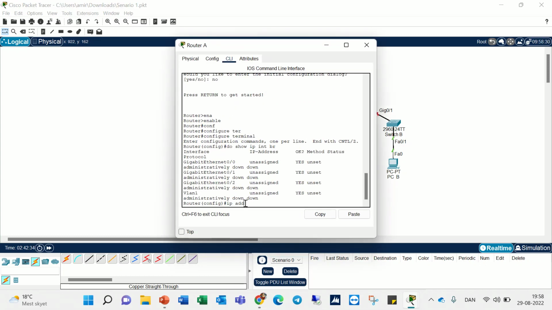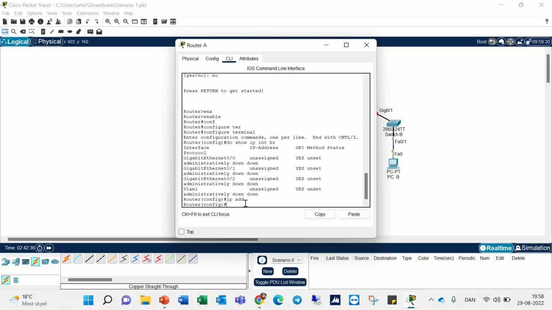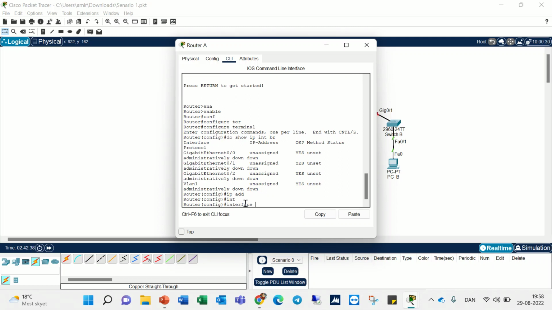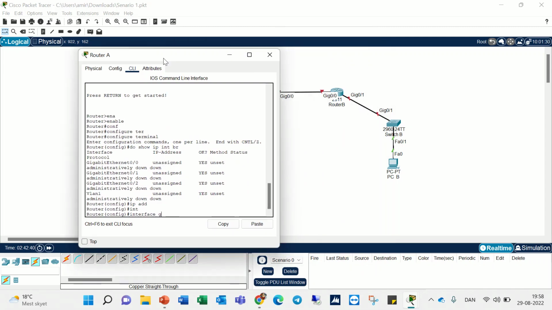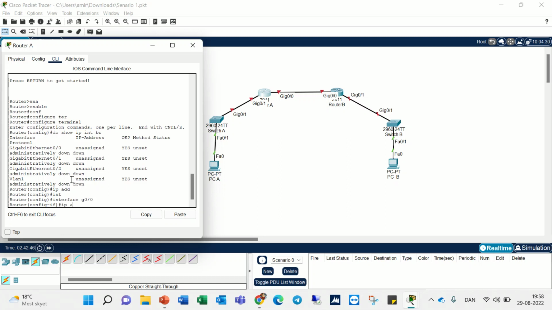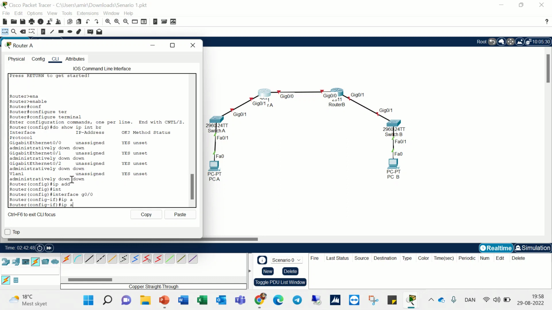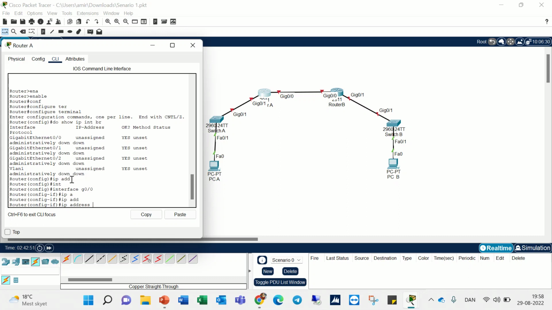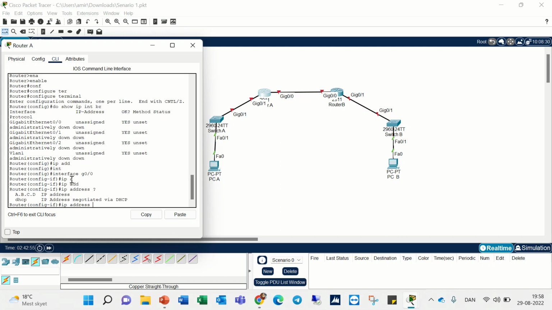For the first interface, G0/0, use ip address. You can click on question mark and see the pattern to write the IP address.